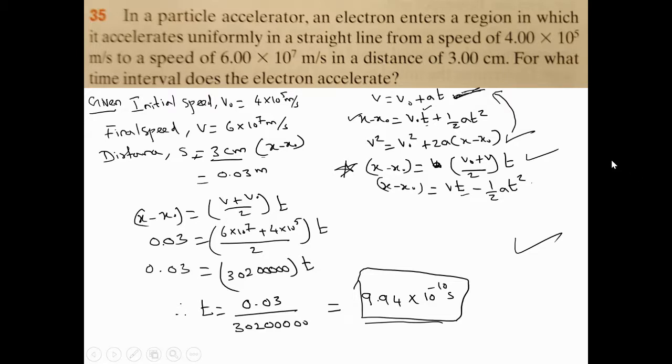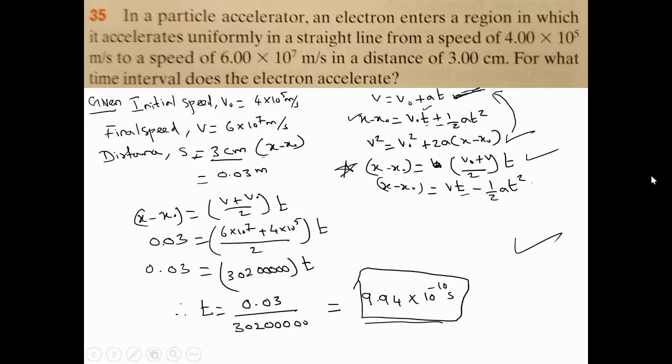That's d equals vt minus half at squared. Yes, of course, because here, if you use this, you will get a negative value, but if you put a negative, the positive becomes positive, so you will get the same answer.